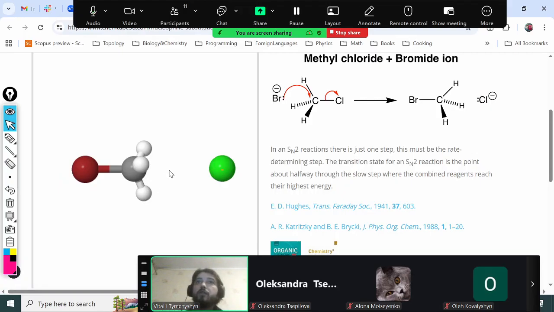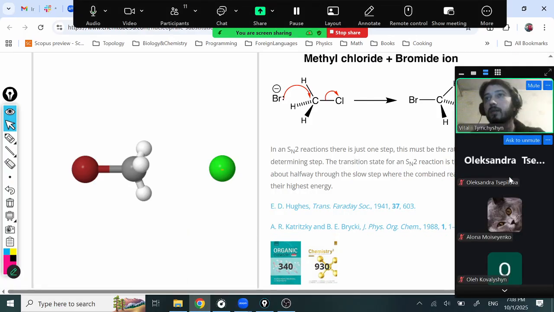What if instead of just three hydrogens, we have some different groups, maybe one hydrogen and two groups? What will happen with stereoisomers in this case?